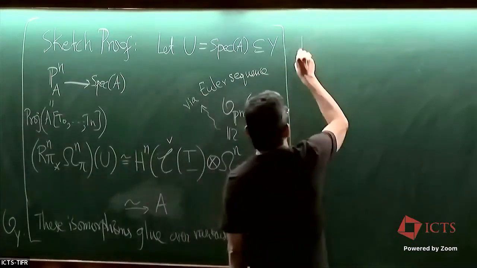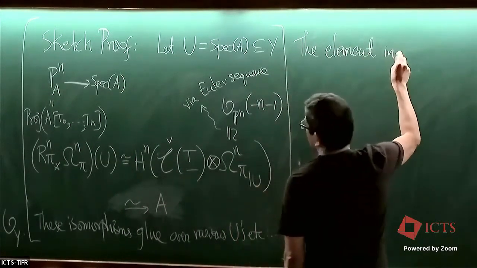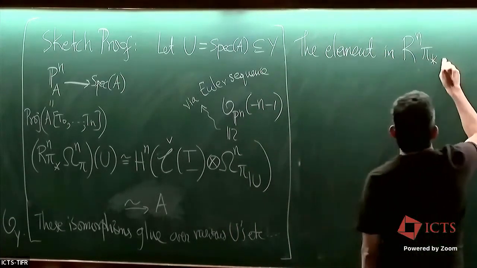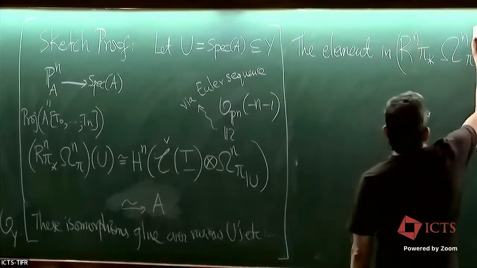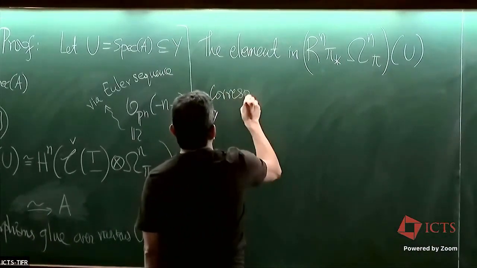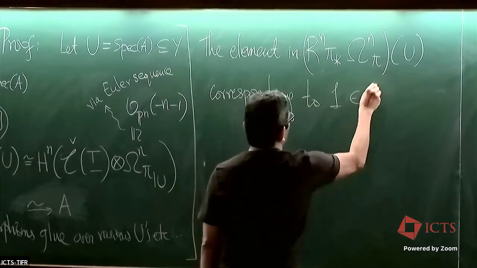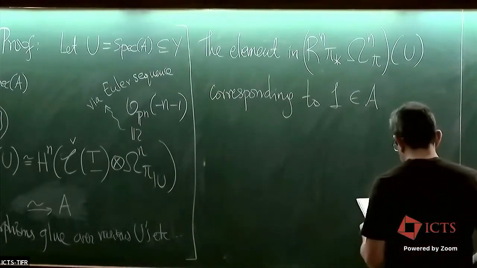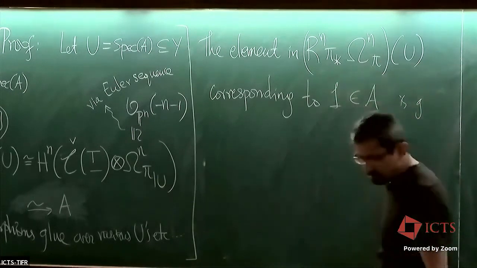So the element in R^n pi lower star omega^n_pi corresponding to 1 in A is given by, okay, I shouldn't probably say, I mean, it's more like the Čech command.